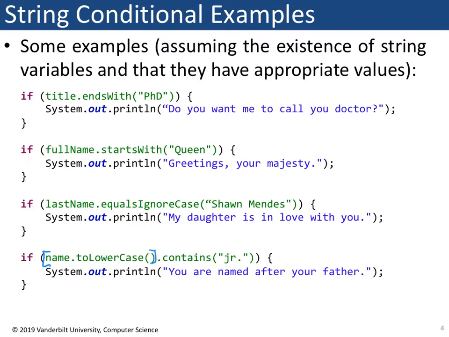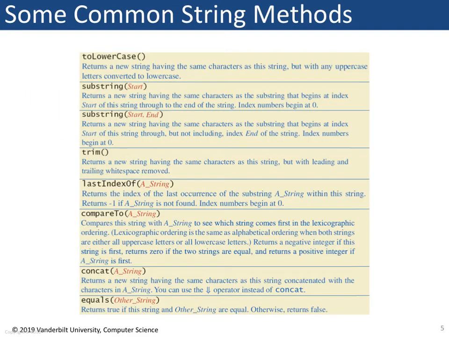And there's not a built-in method which checks for a string containing another string and ignores case. So to be able to do this, we had to convert to all lowercase and then check for containing the lowercase version of junior. So this is the list of commonly used string methods.